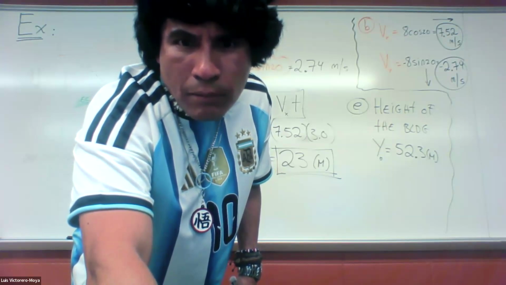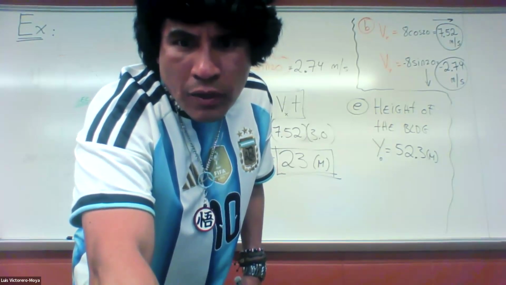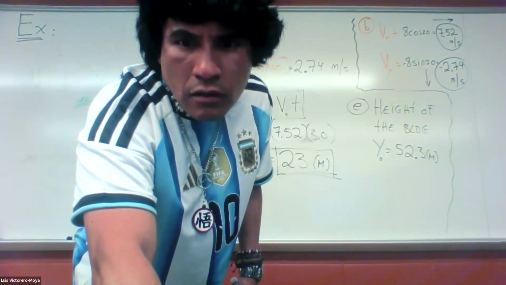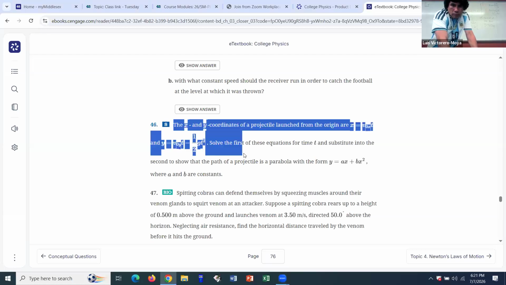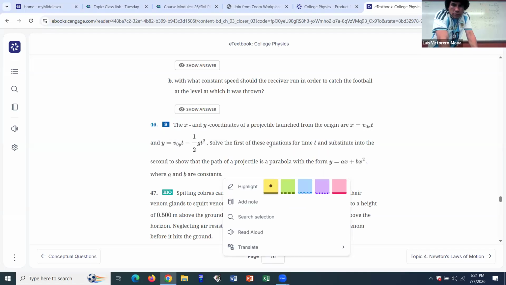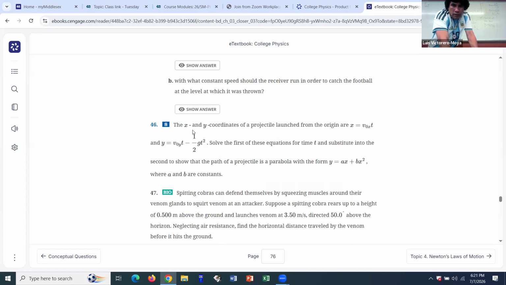There it is, this one. So I want to show you guys this sort of exercise. The X and Y coordinates of a projectile launched from the floor, from the origin, are this.